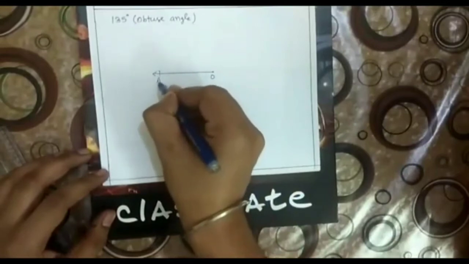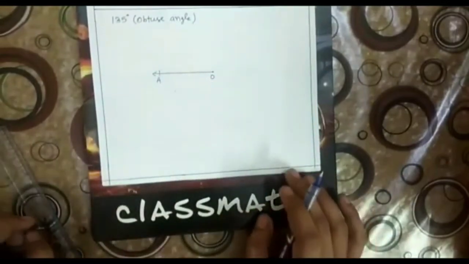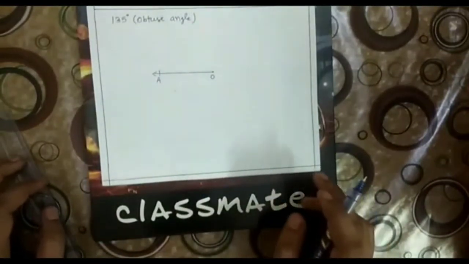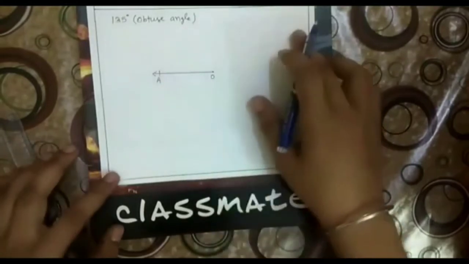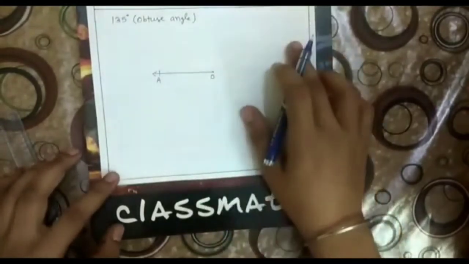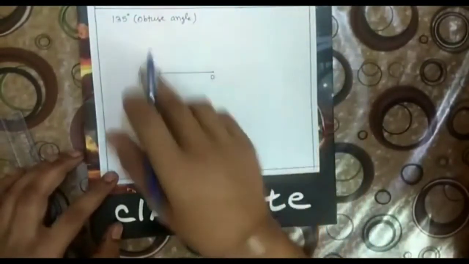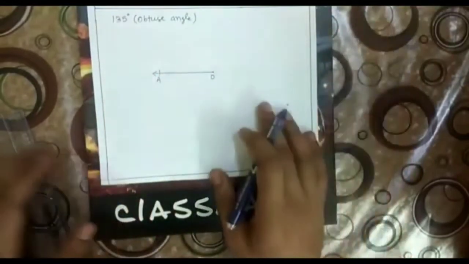This is A. Now 135 degree angle is an obtuse angle. So remember the second point. Second point was obtuse angle always lies outside the baseline. Outside the baseline, not inside. Acute angle always lies inside, but obtuse angle always lies outside.